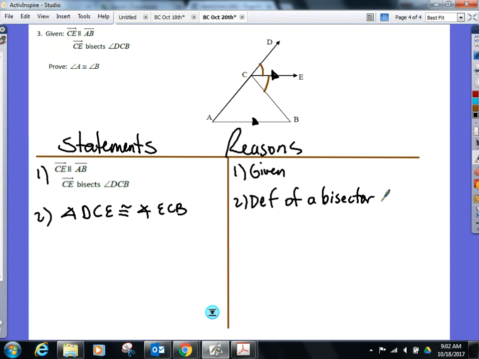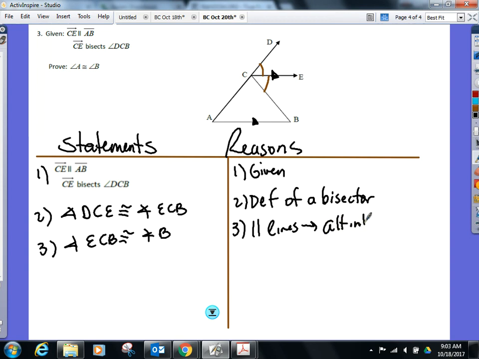Okay, so I have those angles congruent. And again, somehow I'm trying to get to A and B being congruent. Well, based on the parallel lines, I see that angle ECB is congruent to angle B, because they are alternate interior angles.